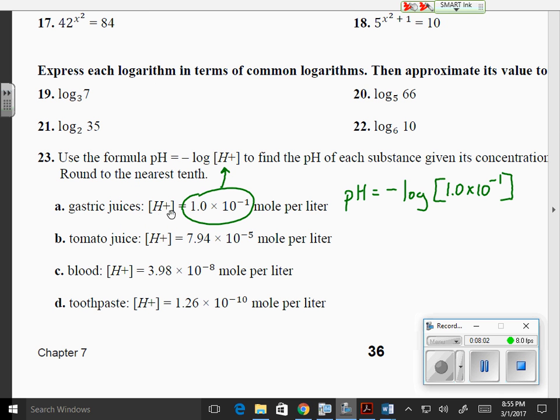For number 23, we're trying to find the pH of these different substances. The formula for pH is that the pH is equal to the negative log of the number of hydrogen, positive hydrogen. So we plug negative log of 1.0 times 10 to the negative 1 into our calculator.